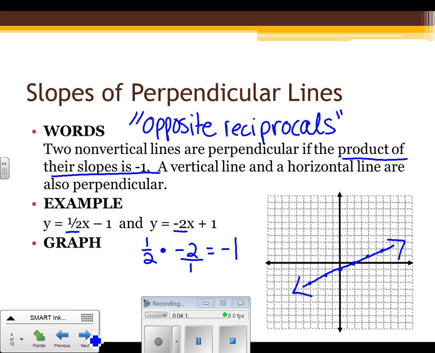And then the other line crosses at 1 and has a slope of -2, so down to the right 1, down to the right 1, or up to the left 1. Should be down a little bit more here. And so you can see here that these lines are perpendicular. If you look right here, where they intersect, they make 90-degree angles.